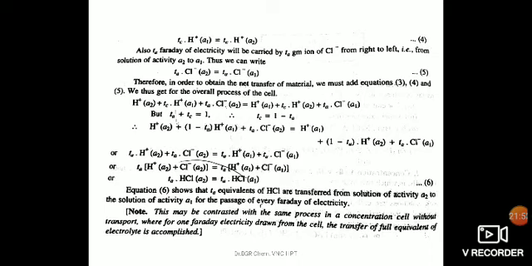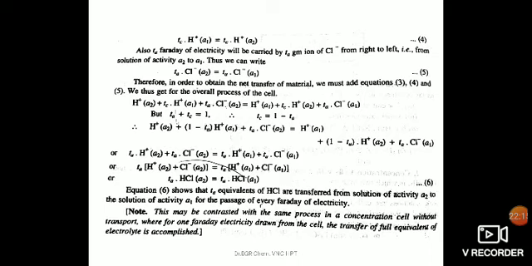So, that equation reduces to the form of Ta into H plus A2 plus Ta into Cl minus A2 giving rise to Ta into H plus A1 plus Ta into Cl minus A1. So, we have taken A2s on one side and A1s on the other side. Common terms have been cancelled on both the left hand side and right hand side.